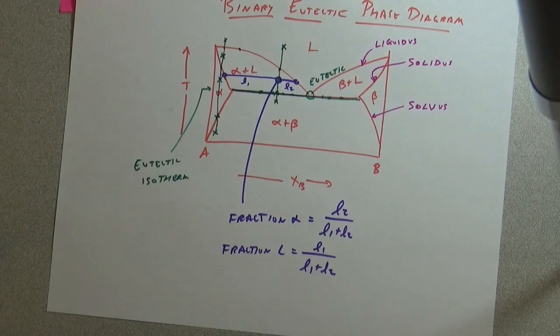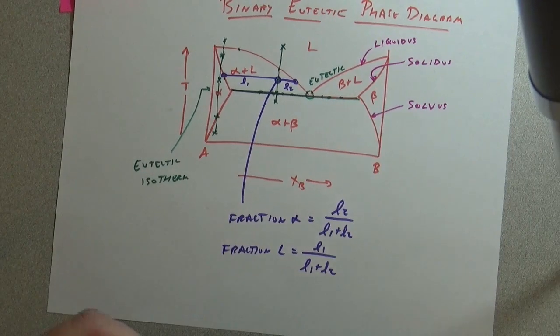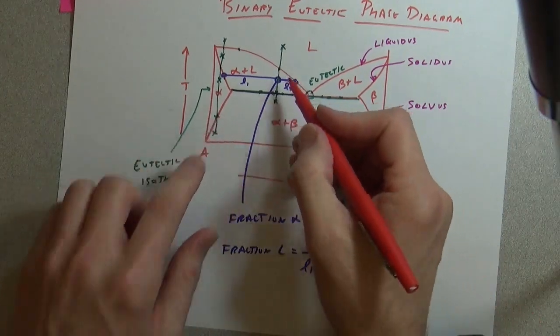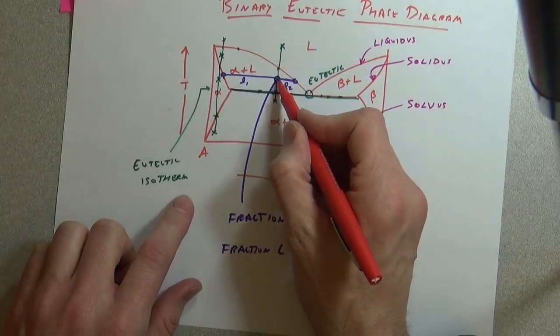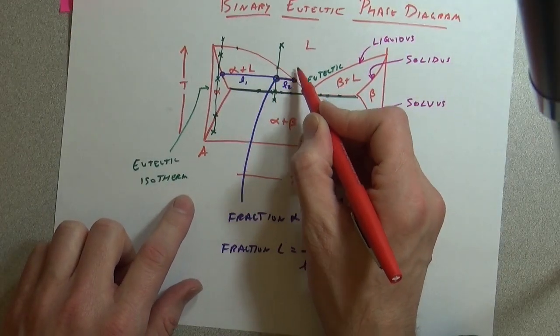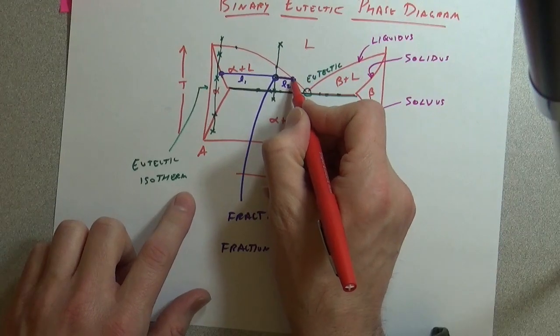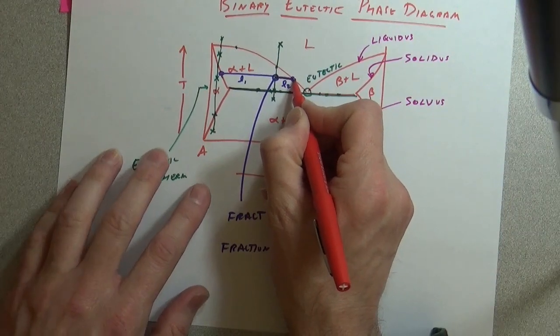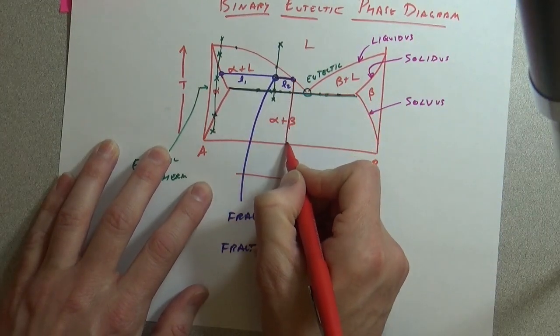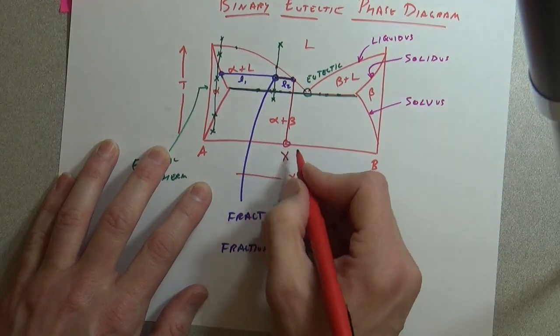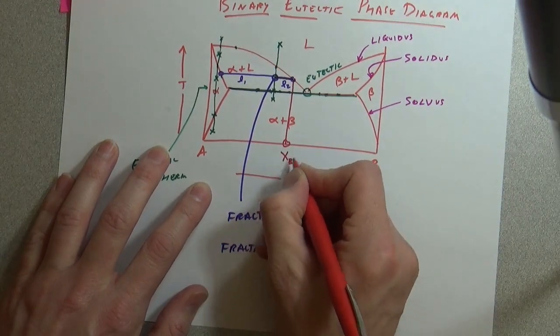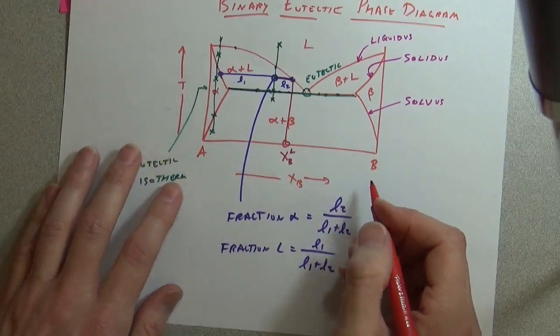And then I can say, okay, what's the composition? Well, the composition of the liquid is where my tie line touches the liquid, or the liquidus. Drop that down. That is XB liquid.